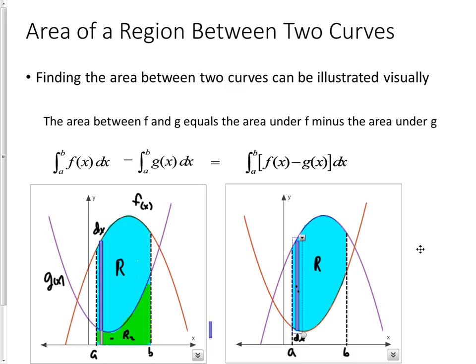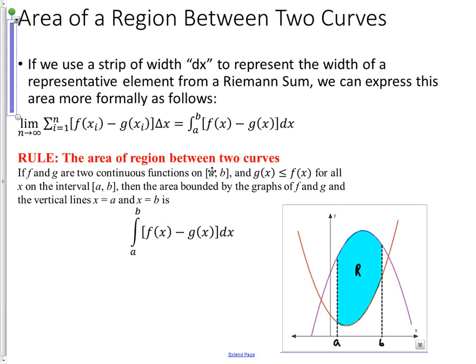We think of all of these dx strips that we can put underneath the curve, and suddenly we have the idea of this curve being the accumulation of those as a summation.